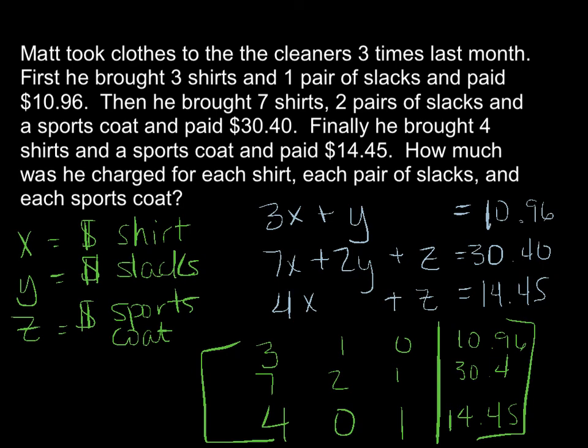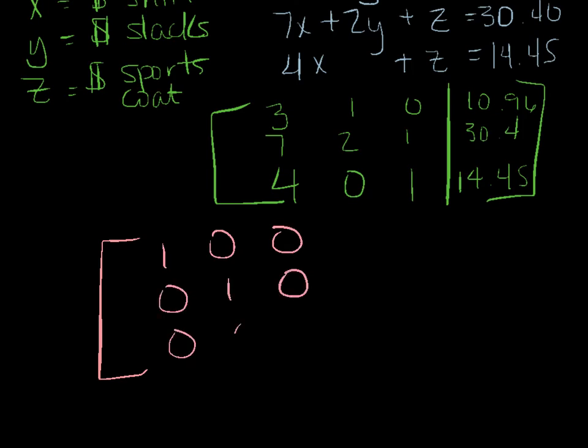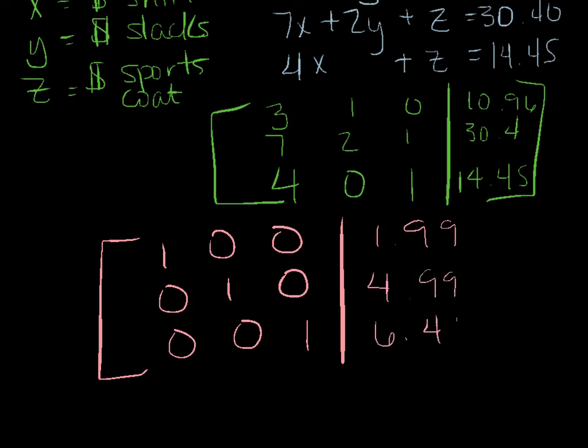And what I get when I do my reduced row form in my calculator is 1 0 0, 0 1 0, 0 0 1, and then each shirt would be $1.99, each pair of slacks will be $4.99, and each sports coat is $6.49. So that tells me my solutions here. X is $1.99, Y is $4.99, and Z is $6.49.